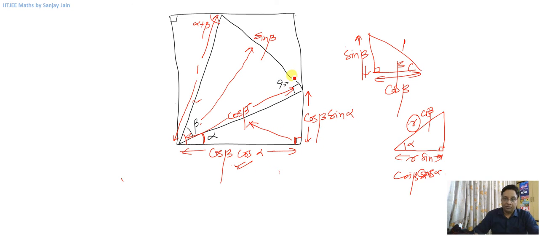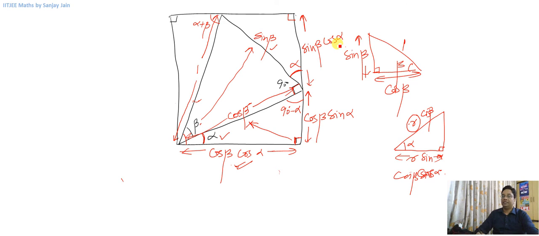Now what can you say about this angle? If this angle is alpha, this angle will be 90 minus alpha, and this is 90, so this angle will be alpha. And this is a right angle, so the hypotenuse is sine beta. What can you say about this side here? This will be sine beta cos alpha.